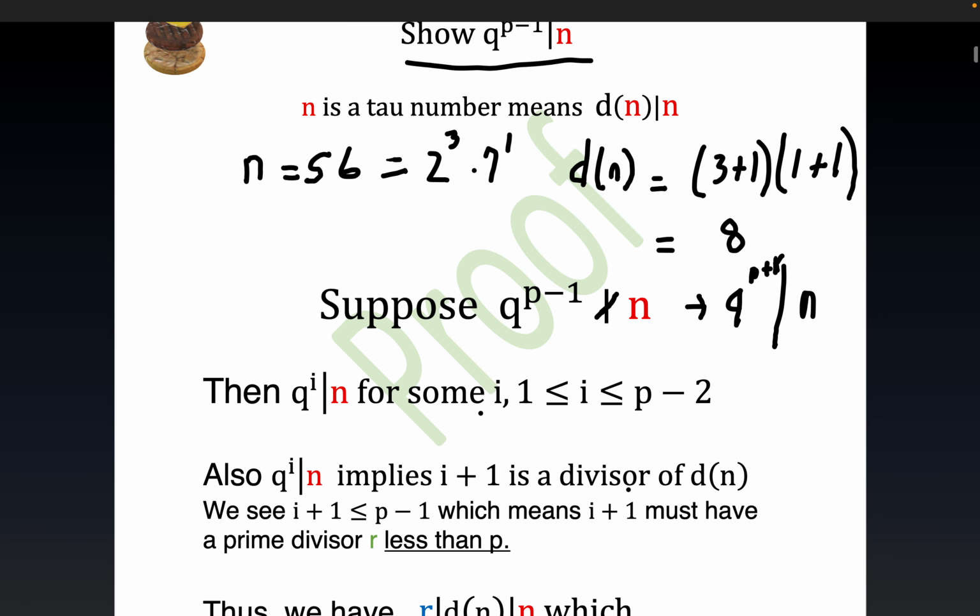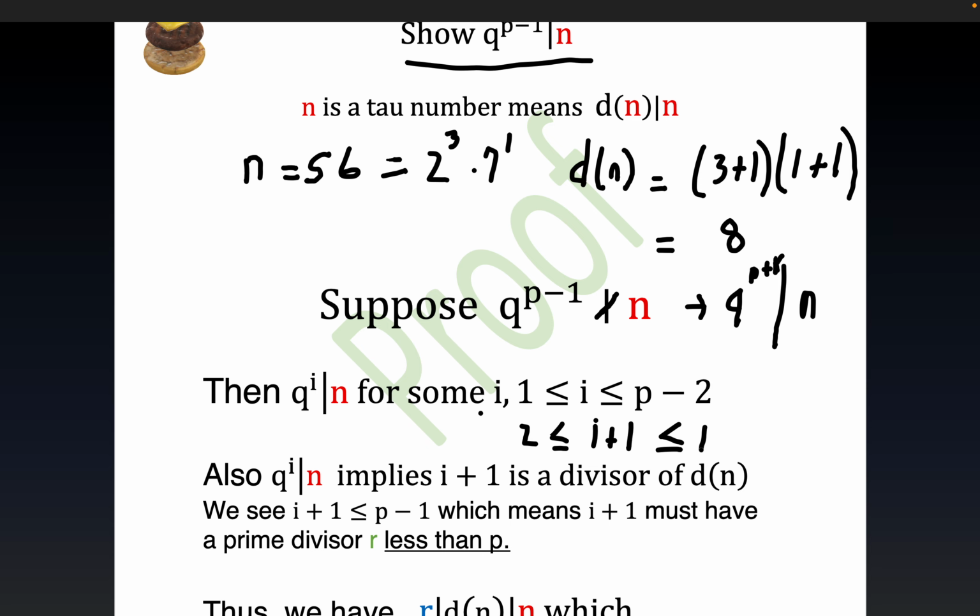Now, if you add 1 to both sides right here, you get 2 is less than or equal to i plus 1, less than or equal to p minus 1, right?